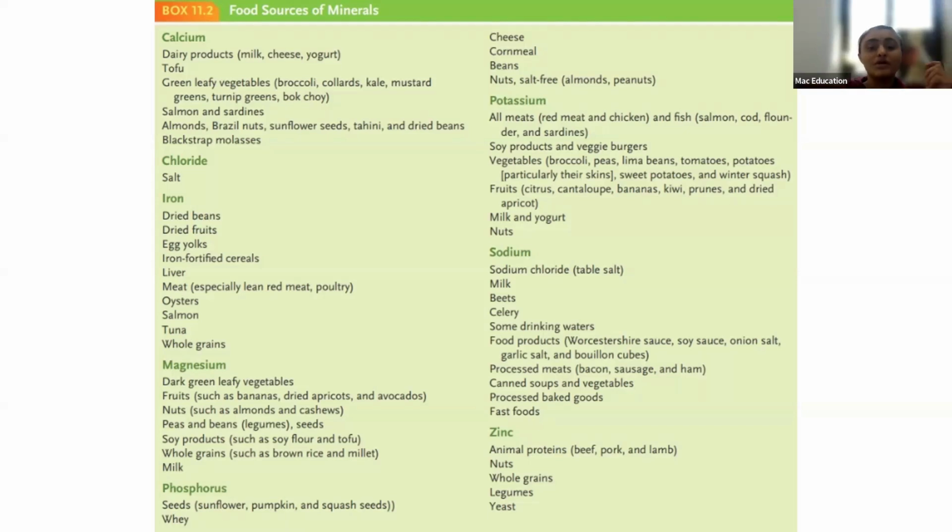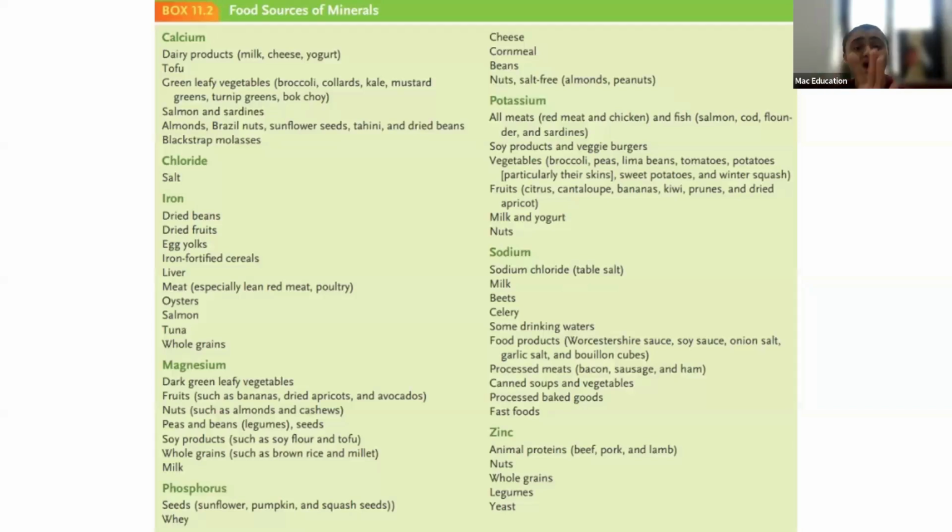Next is sodium. So from where does a person get sodium? So sodium chloride, that is the table salt, normal salt. Milk, beets, celery, some drinking waters, food products, that is Worcestershire sauce, soy sauce, onion salt, garlic salt, and bouillon cubes, processed meats like bacon, sausages, and ham, canned soup, and canned vegetables.